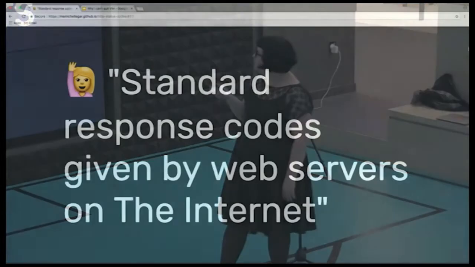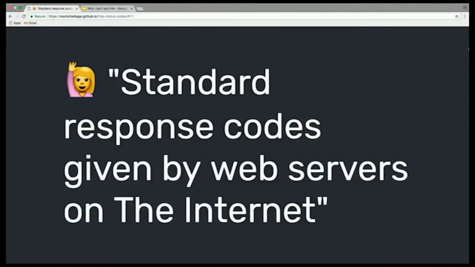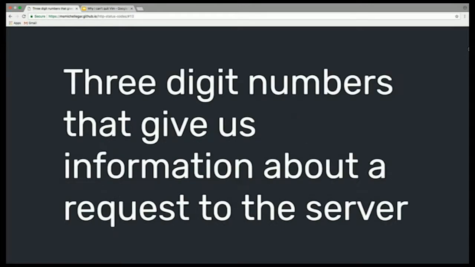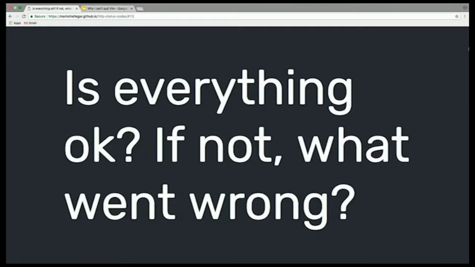It's a number. And here's a little definition: a standard response code given by web servers on the internet. And my little definition is that it's a 3-digit code that gives you some information about the request that was just made to the server. And for me, it answers the question, is everything okay? And if it's not okay, what went wrong?